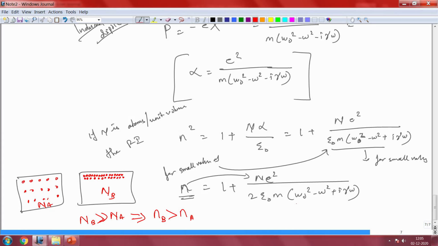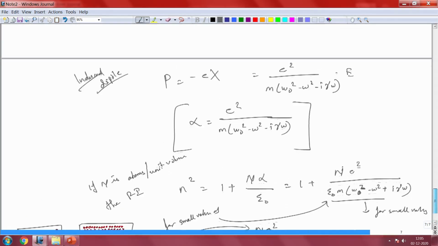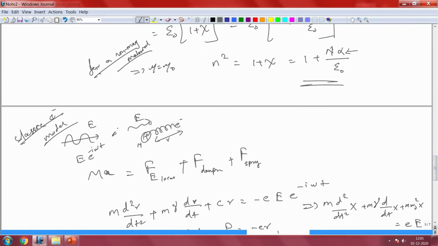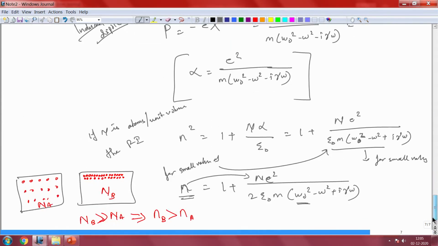And the other thing is the frequency of oscillation, right? This omega is nothing but the frequency at which your electrons are oscillating. So your refractive index also depends on those oscillations. If you know the number density and the frequency of oscillation, you will be able to understand what the refractive index is.